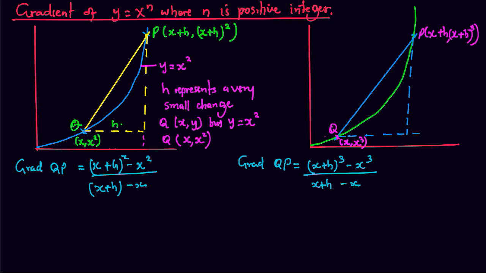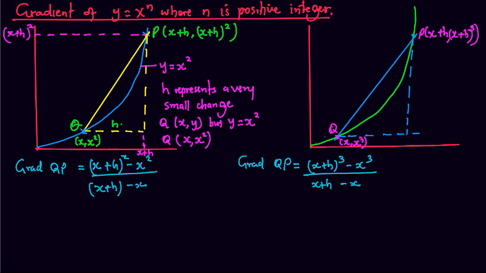So this point will be the point x plus h. And the corresponding y value will be the square of x, which is equal to x plus h squared, giving us the coordinate of point P as x plus h, x plus h squared.